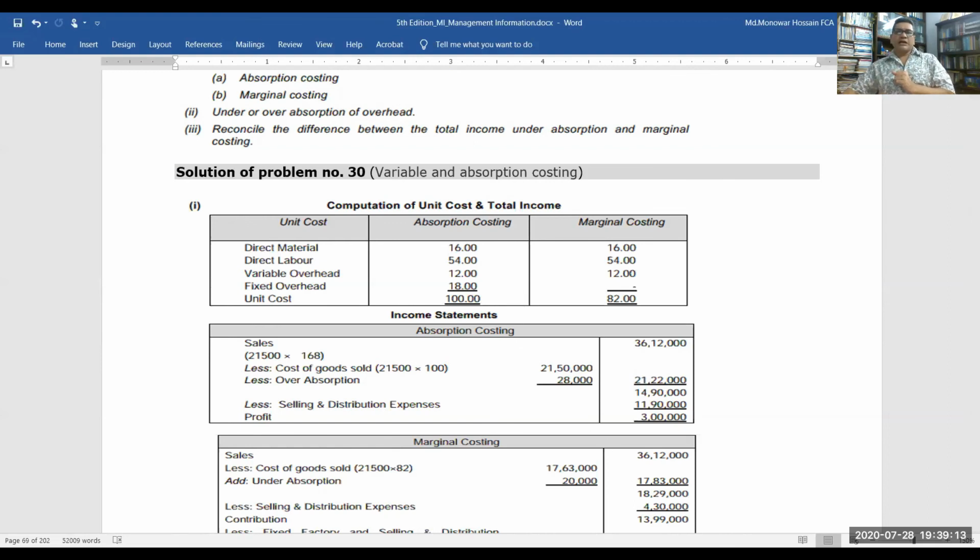So look here, the per unit cost differs under both costing systems. Under the absorption costing system, per unit cost is 100, but under marginal costing it is 82.